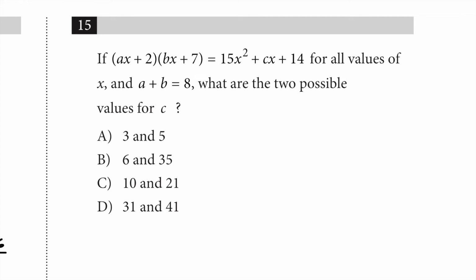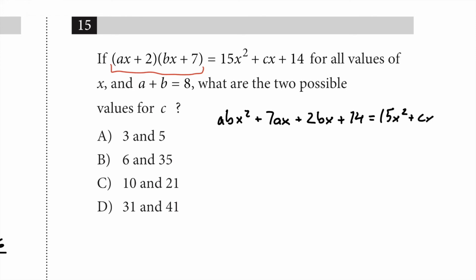If (ax plus 2)(bx plus 7) equals 15x squared plus cx plus 14 for all values of x, and a plus b equals 8, what are the two possible answers for c? Well, let's expand this expression first, and we'll get abx squared plus 7ax plus 2bx plus 14 equals 15x squared plus cx plus 14.